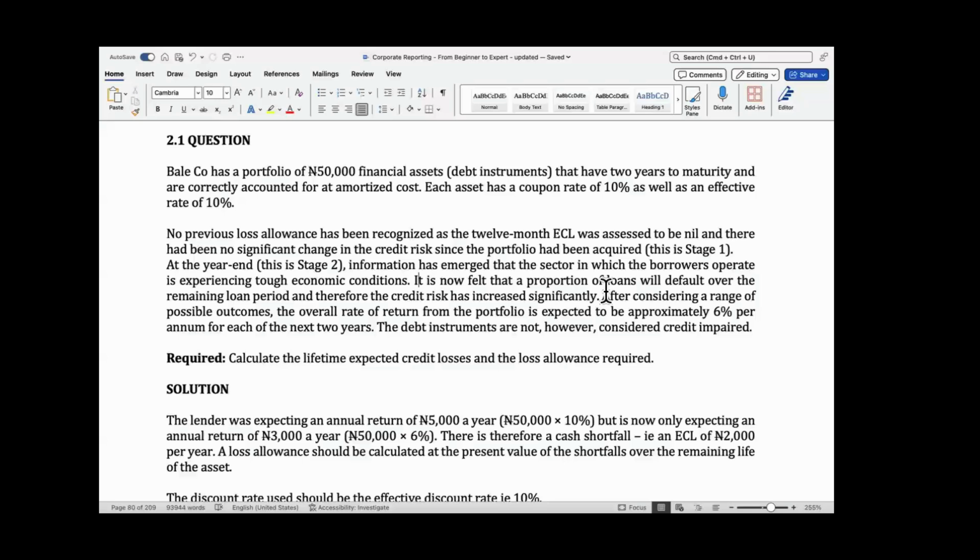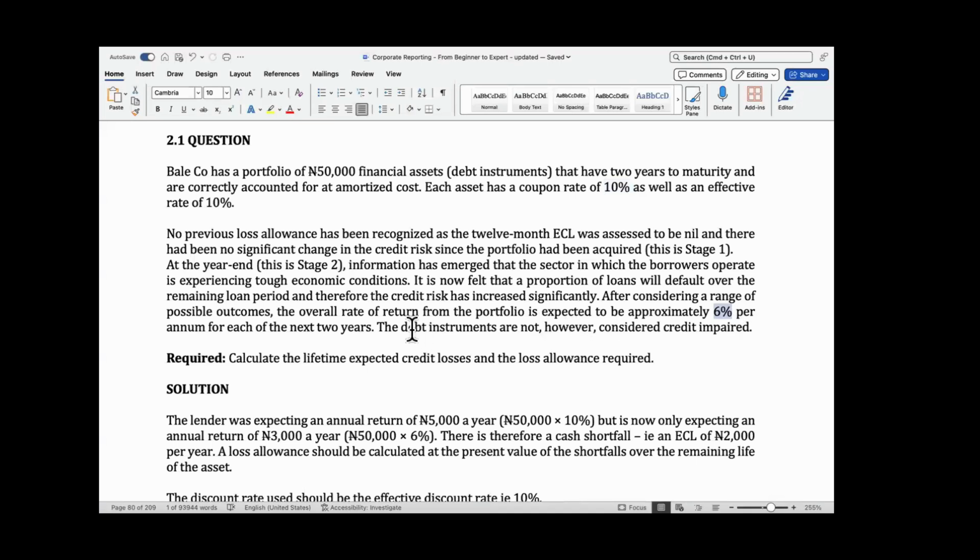They now said, after considering range of possible outcomes, the overall rate of return from the portfolio is expected to be 6% for the next 2 years. Look at it. Something that we're supposed to get 10% is now 6%. That's a loss. That's a credit loss or cash shortfall.